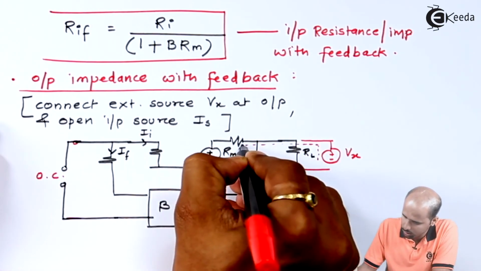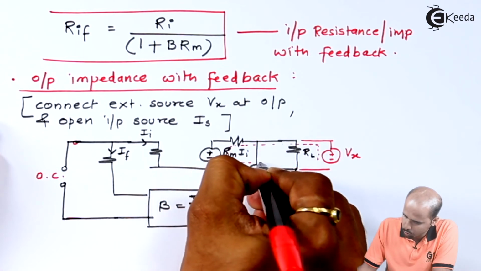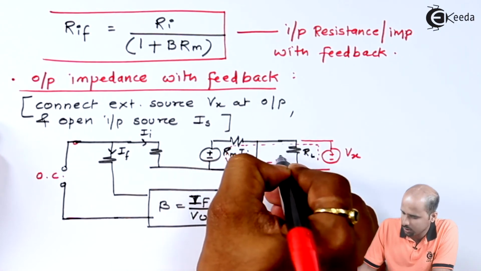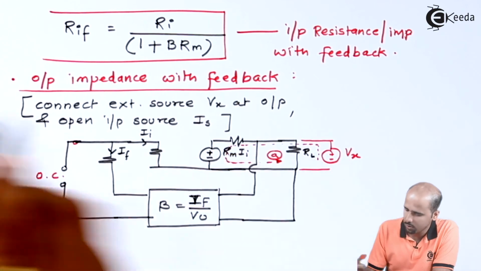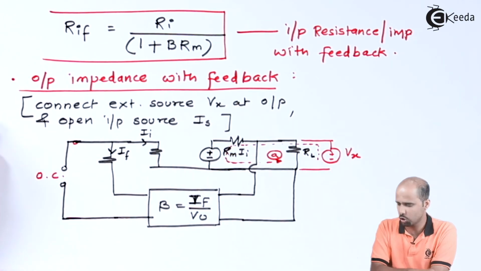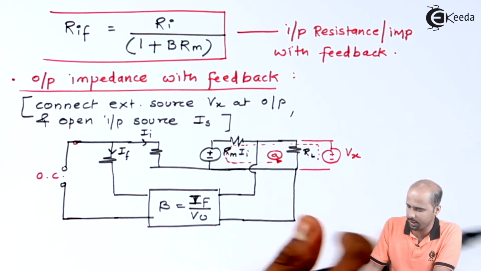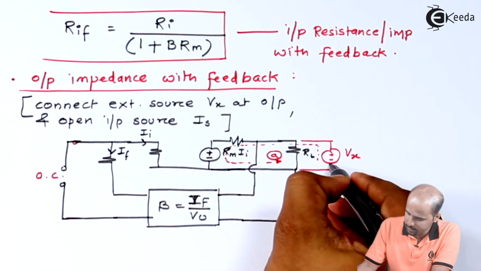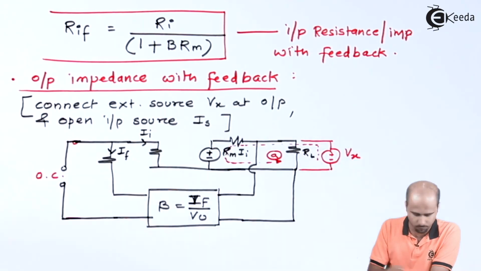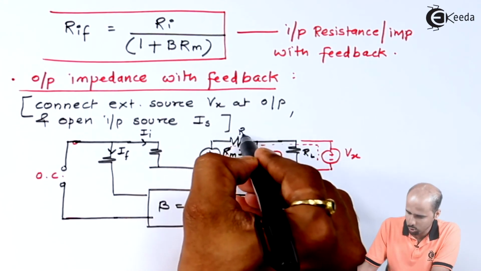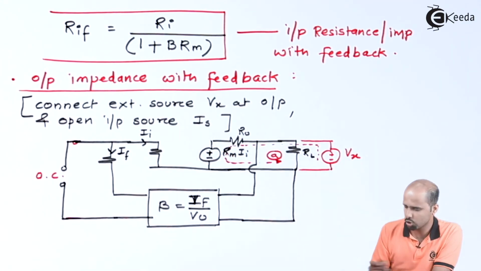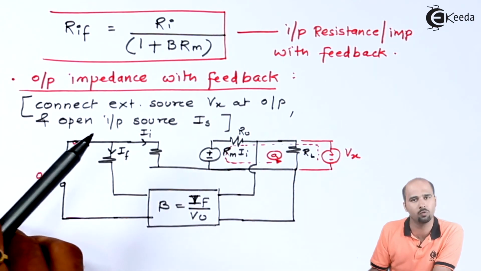We will not redraw this circuit, so we will apply KVL for loop A. This dotted line represents loop A, where Vx is the voltage source, and the current flowing through this RO is nothing but IO. So RO IO will become the voltage drop across RO, and Rm II is nothing but another voltage source.